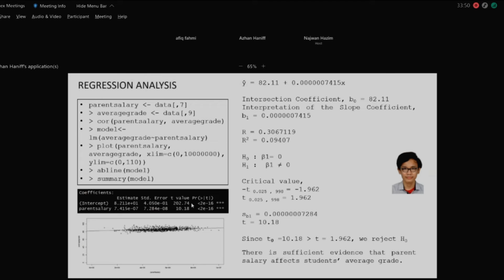Since t0, which is 10.18, is bigger than 1.962, therefore we reject H null. There is sufficient evidence that parent salary affects students' average grade. At the left we can see the regression scatter plot and also the codes there.